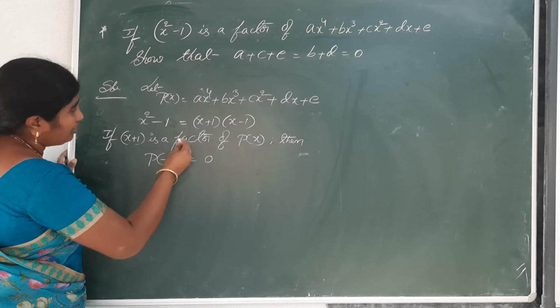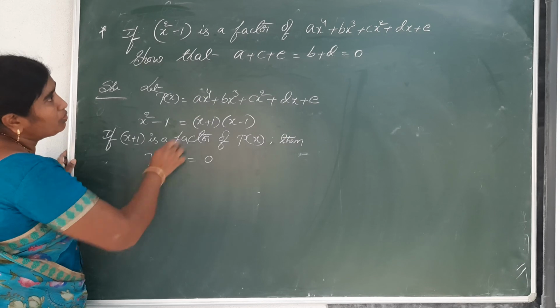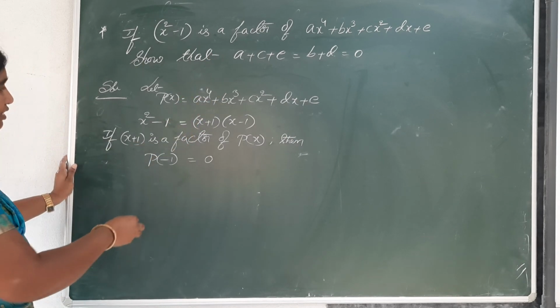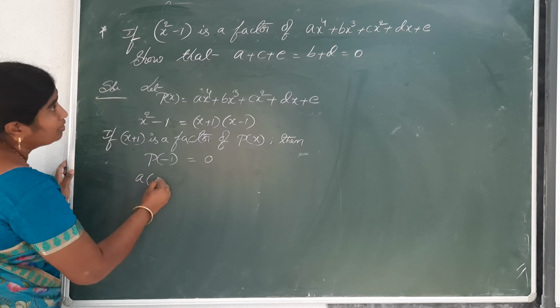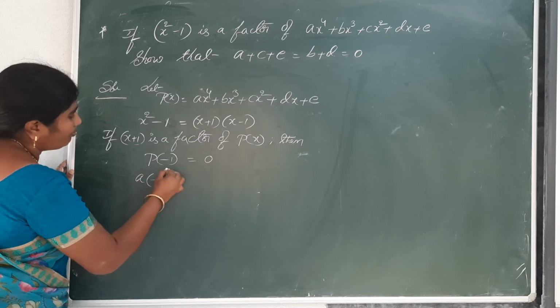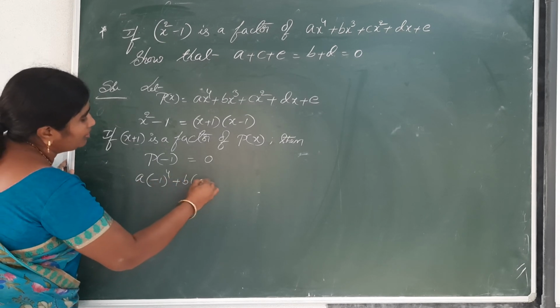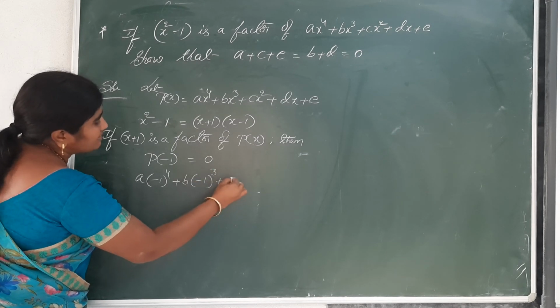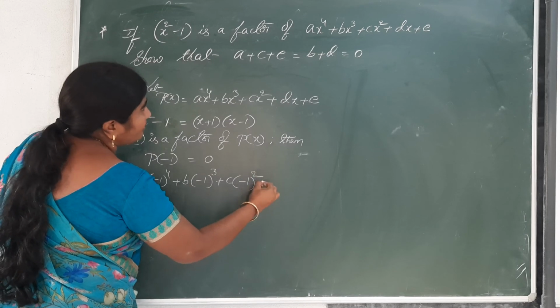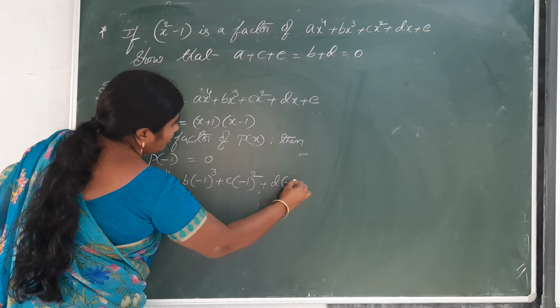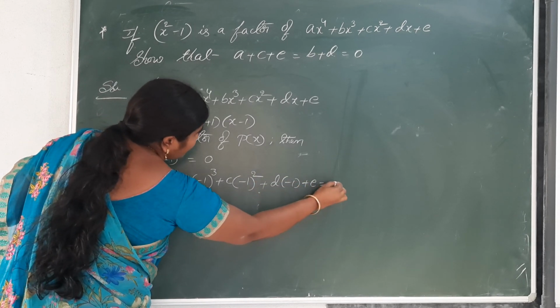In p of minus 1, substitute x equal to minus 1: a into minus 1 whole power 4 plus b into minus 1 whole cube plus c into minus 1 whole square plus d into minus 1 plus e equal to 0.